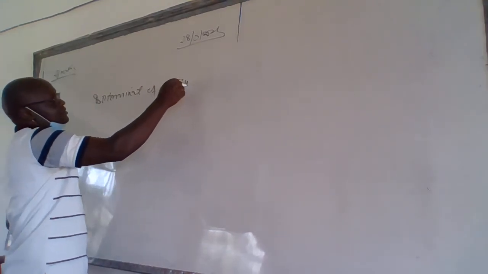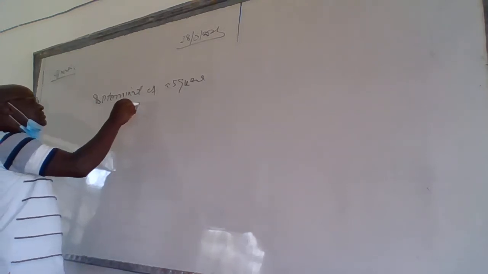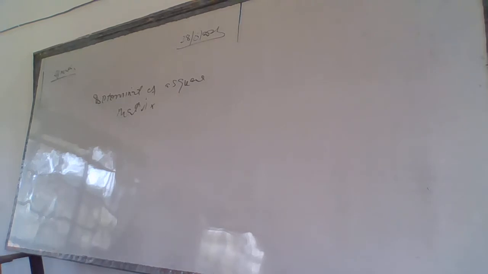Under that, we can say this: the determinant of a square matrix is the determinant having the same elements as those of the matrix.